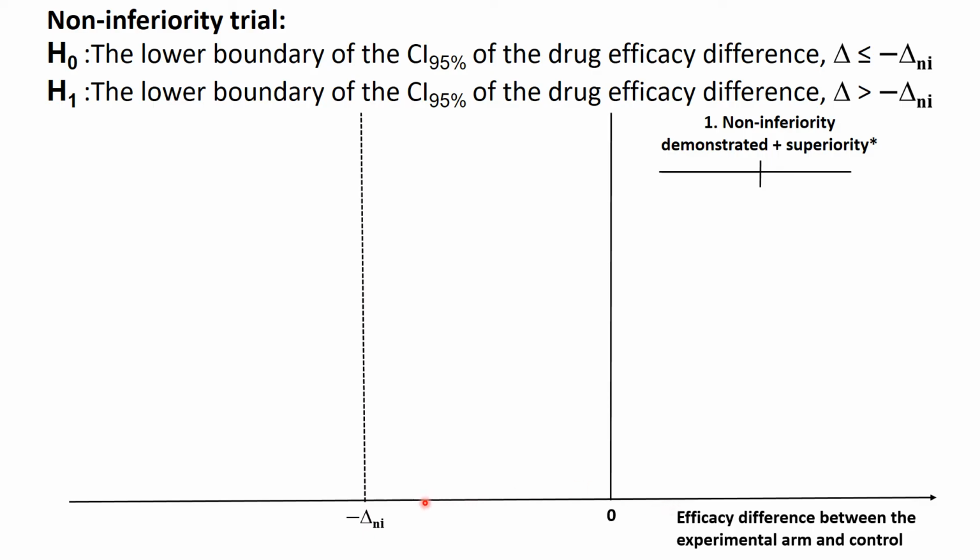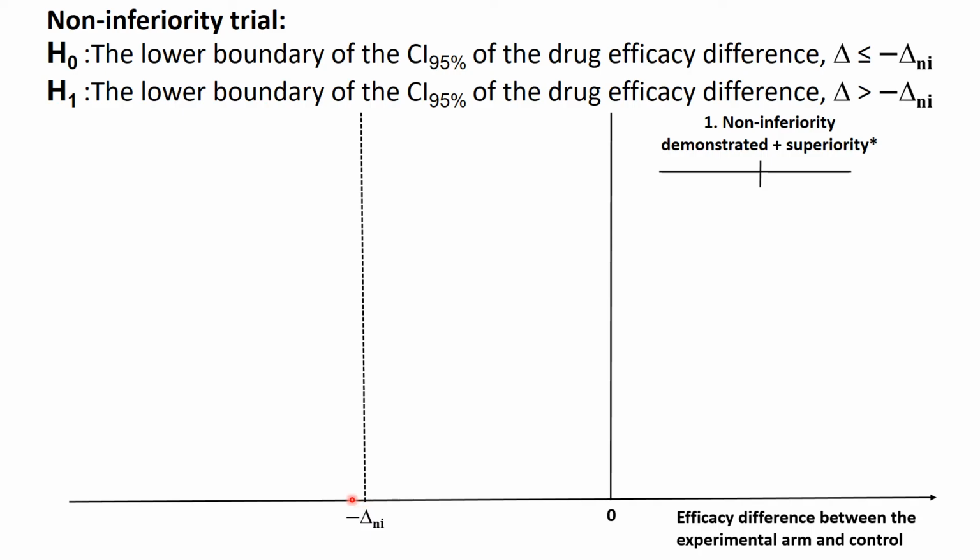Let me take it again. We said this is a non-inferiority threshold, so we're trying to say, okay, we have agreed that the experimental arm is not worse than the control arm. That's to say, we've agreed that it's less than the control arm, but it's not worse than the control arm because the difference between the experimental arm and the control arm is not less than the negative non-inferiority threshold.